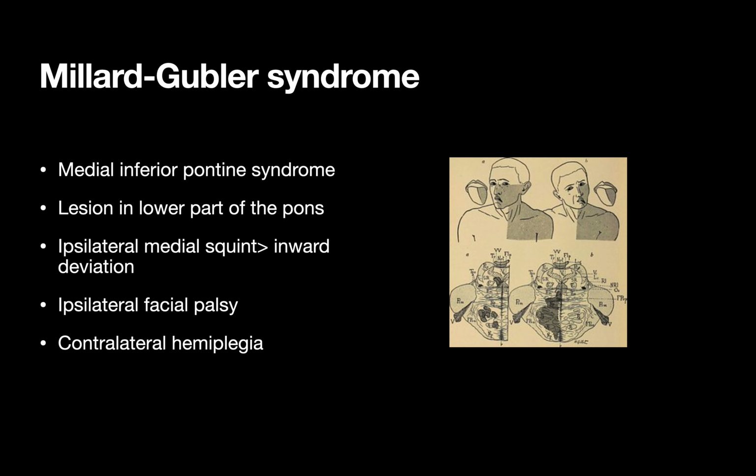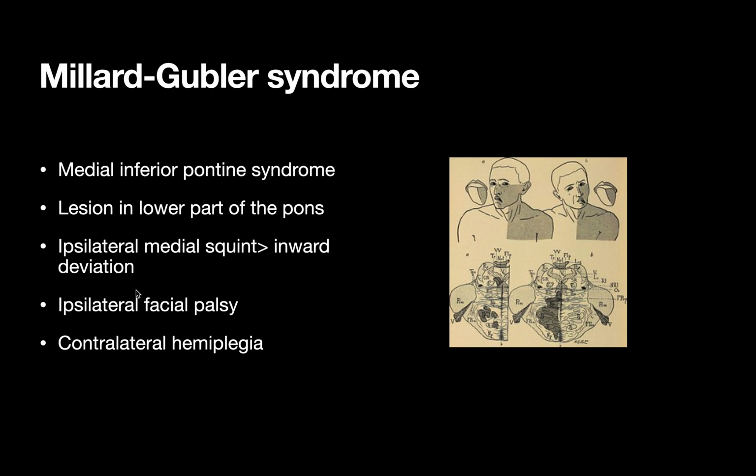Millard-Gubler syndrome is going to be a lesion in the lower part of the pons, in particular the medial inferior pontine area. So there's going to be an ipsilateral medial squint, ipsilateral to the lesion.